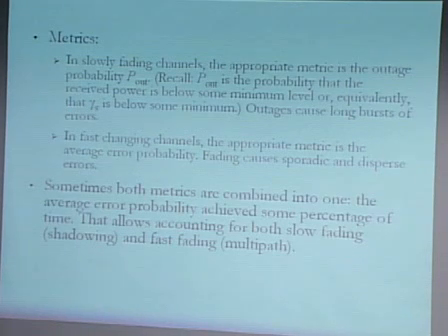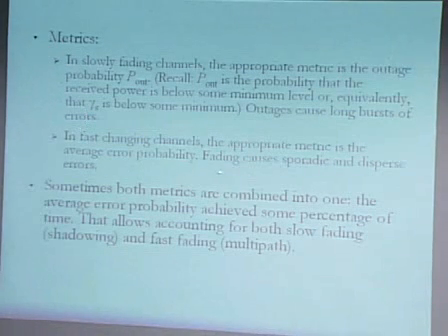Outages cause long bursts of errors, which are problematic. Now, in fast fading channels, when the channel changes very fast, a more appropriate measure is the average error probability. In this case, the fades are so short that fading causes sporadic and dispersed errors, so a better measure is just the average.